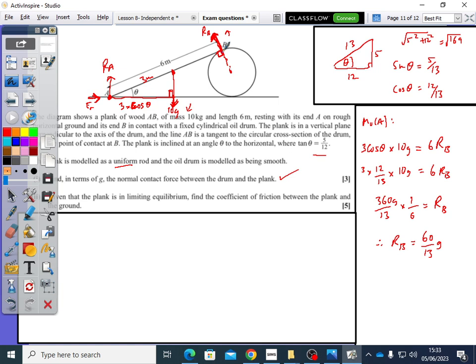So this force is actually pushing upwards, then pushing that way. So you've got this going there and there.